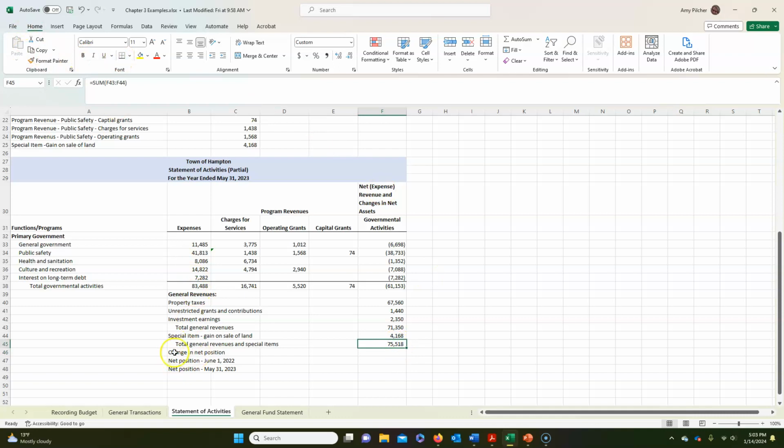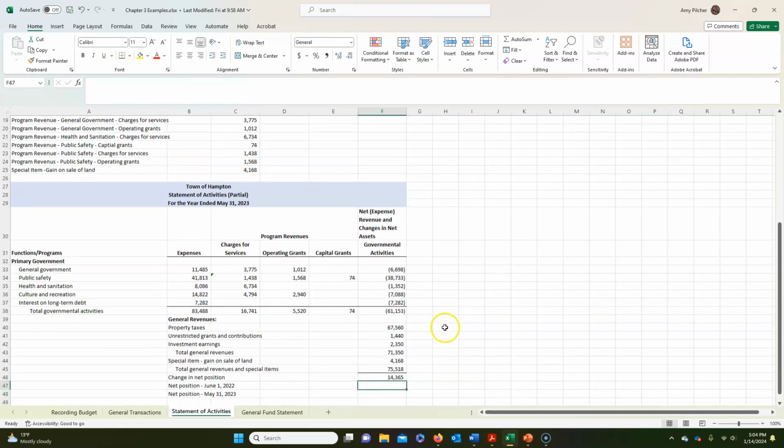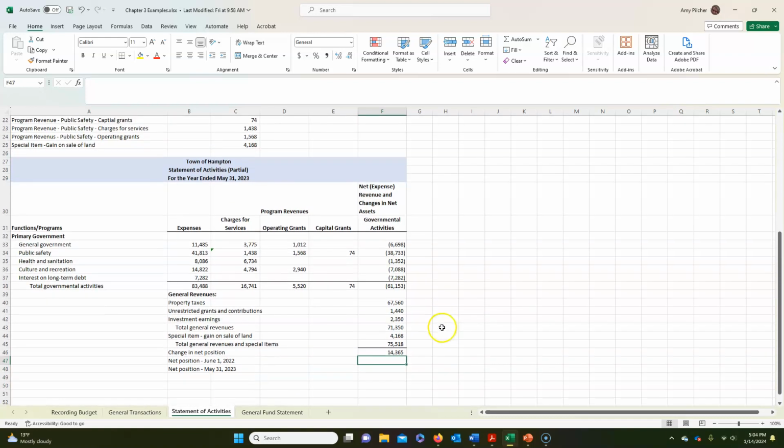Okay, so our change in net position is the difference between our total revenues and our total expenditures. So we had total general revenues of $75,518. We're going to add, since this is a negative number, the $61,153. We have a change in net position of $14,365.